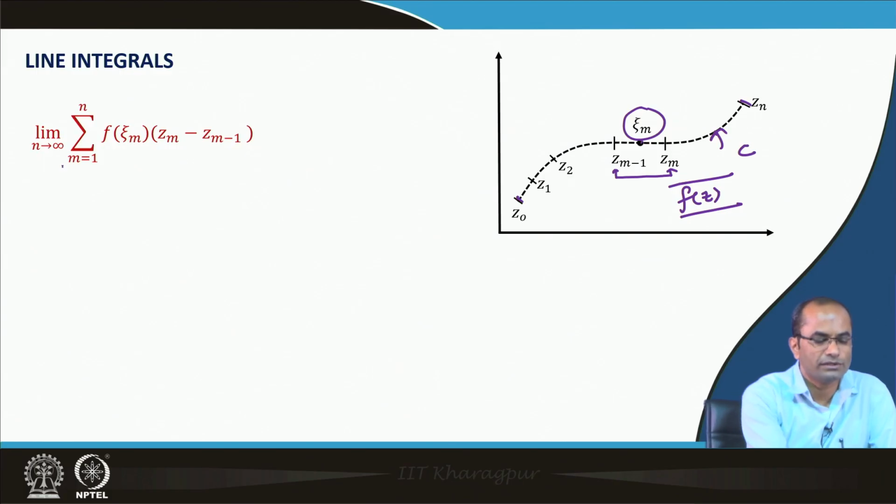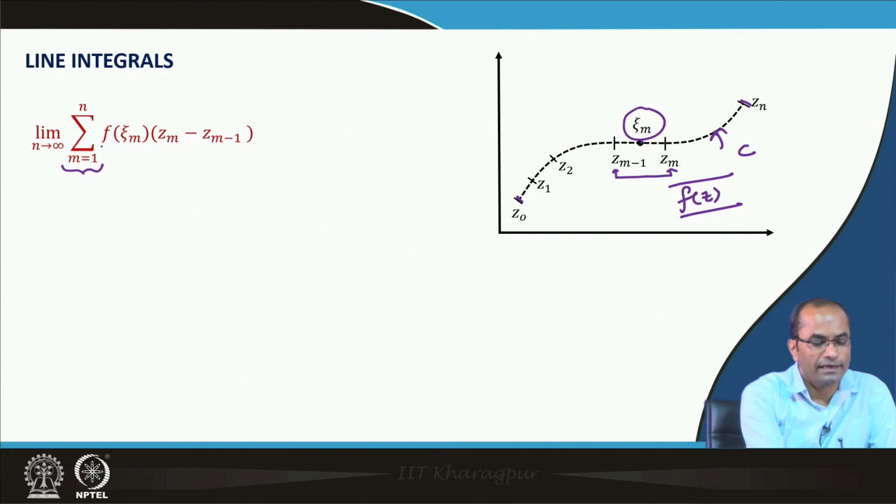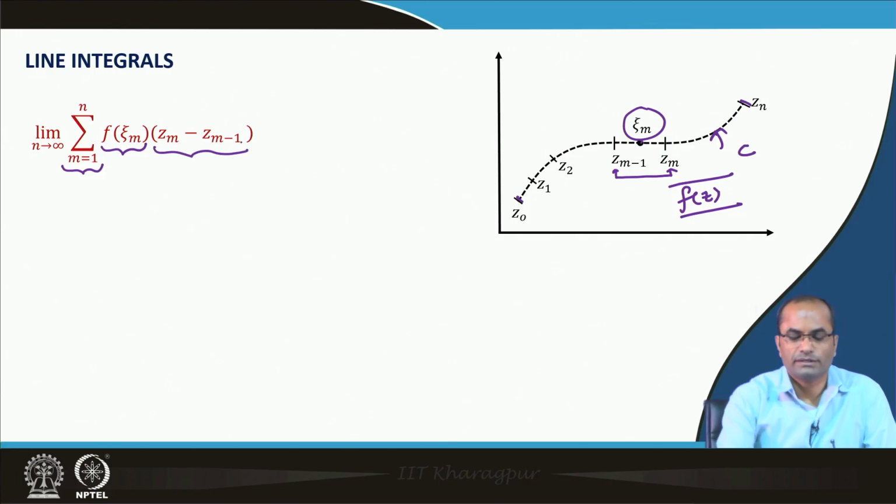We take a summation over all these small sectors, m going from 1 to n, of the value of the function evaluated at xi m times the difference z(m) minus z(m-1).